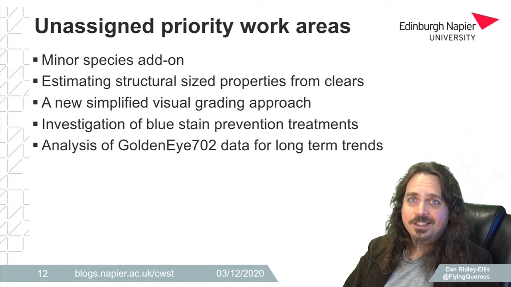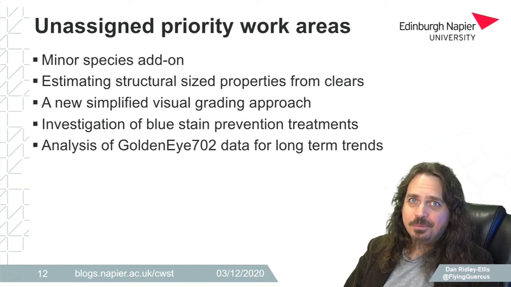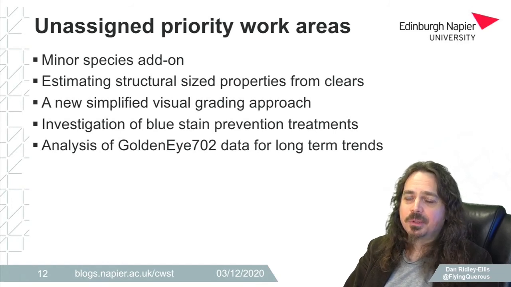Small clears are a lot easier and a lot cheaper to do, and as a rapid assessment they're a lot more useful, a cost-effective way of screening those minor species, but at the moment we don't really know how to interpret the small clear measurement to structural size.